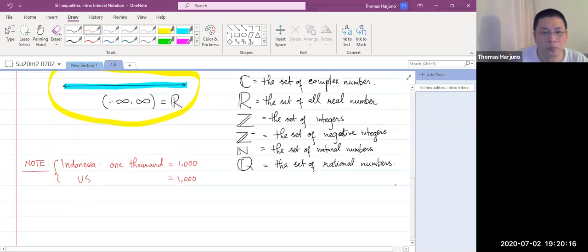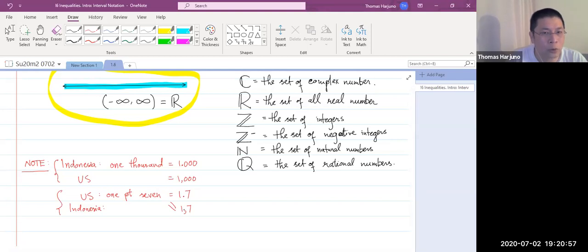So let's say in the US we write 1.7. This 1.7 is between 1 and 2, right? Okay, in Indonesia, the 1.7 that we do here, we will write as 1,7. I think from your names, I know some of you are from Mongolia, very likely. And Mongolia actually follows the same pattern.